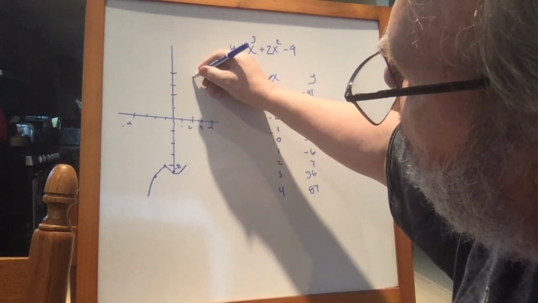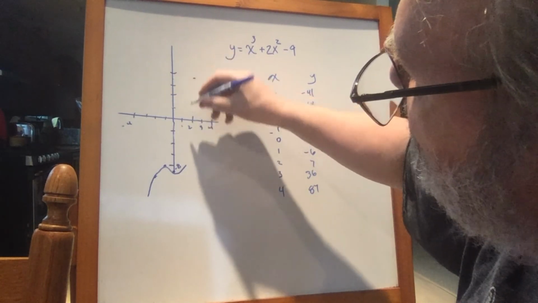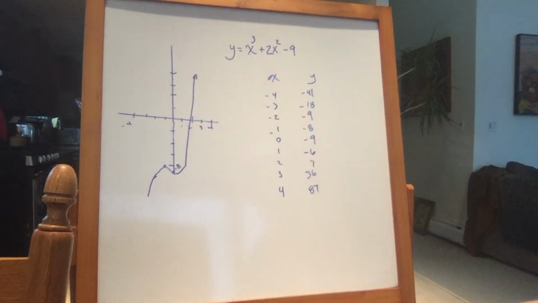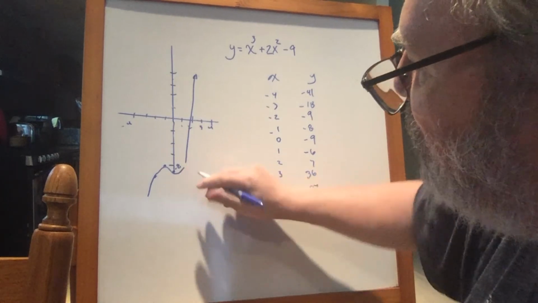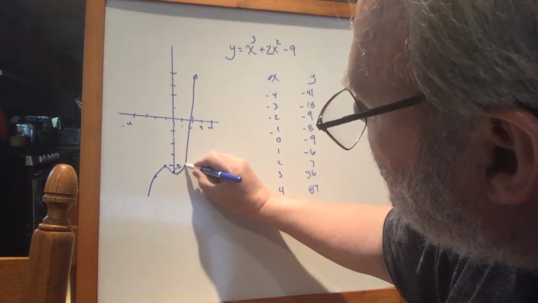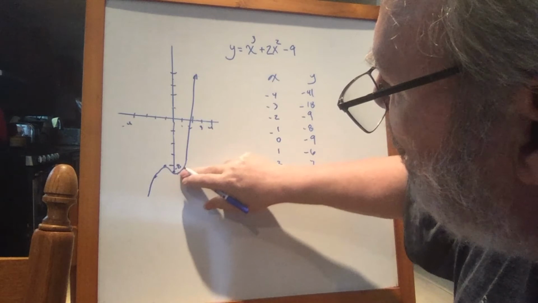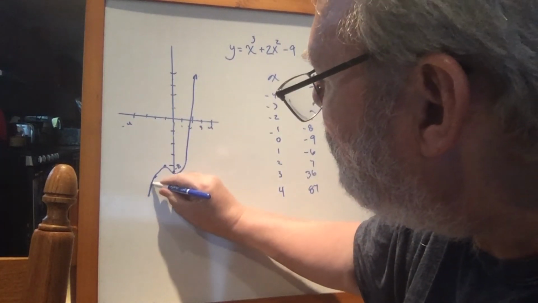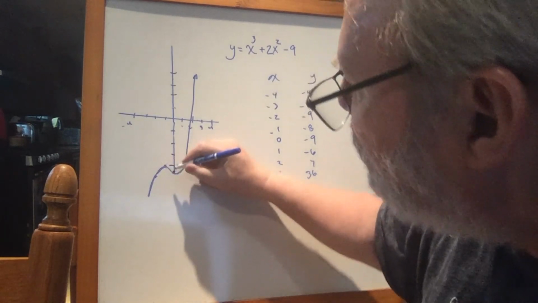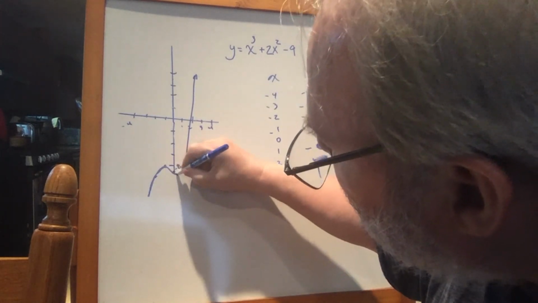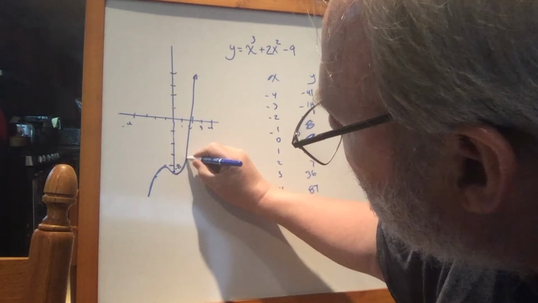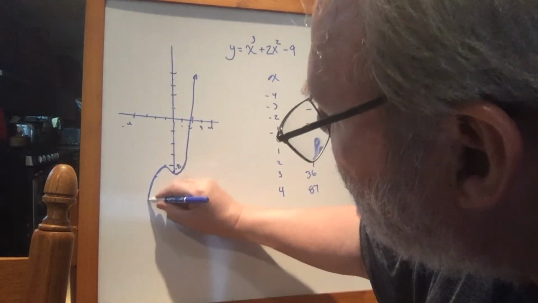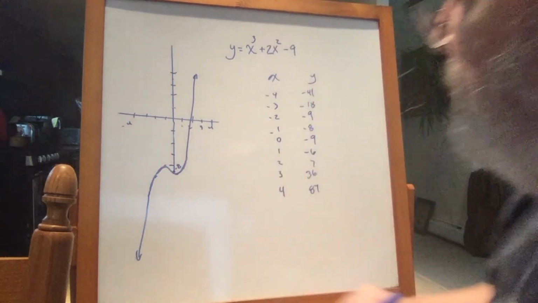So we're at 7 there. So we go up pretty steeply. There we go. So we have sort of a curve that does this and goes up quickly, goes down quickly.